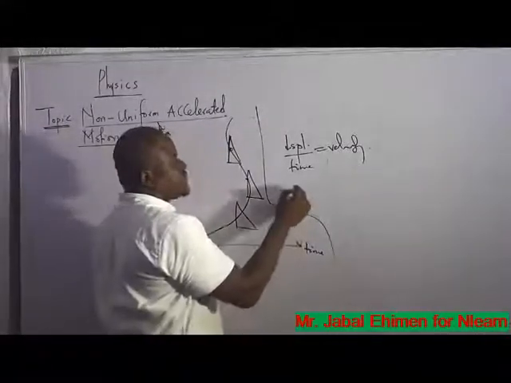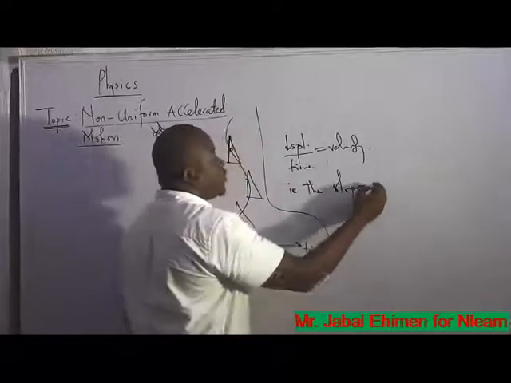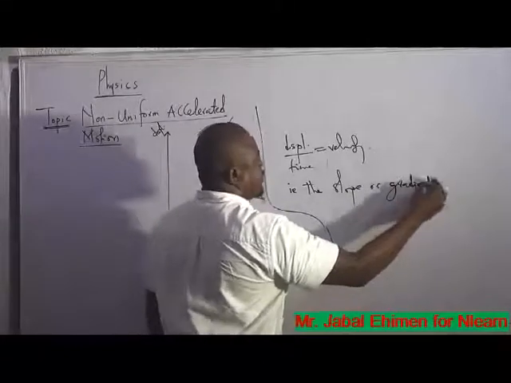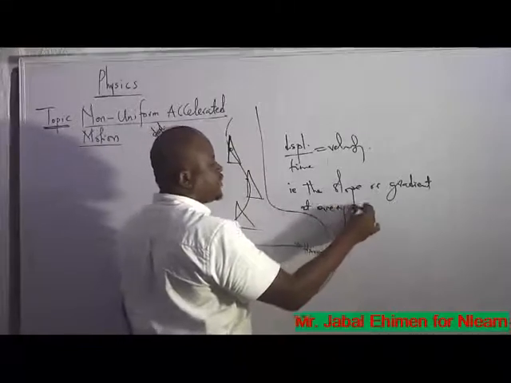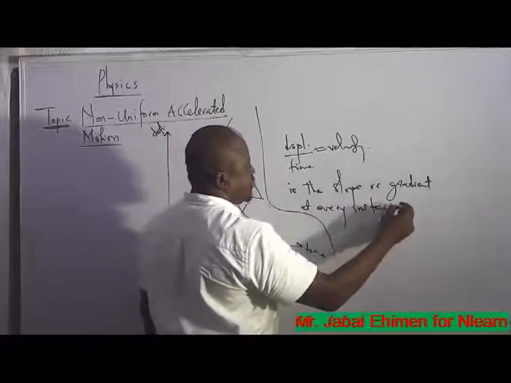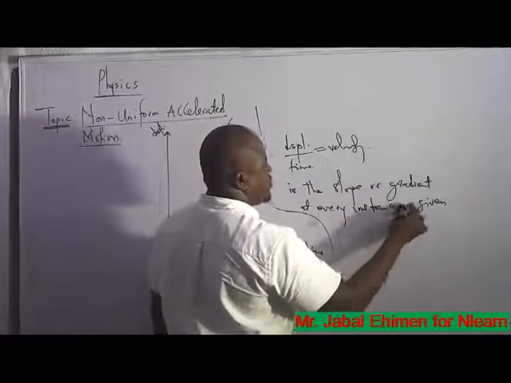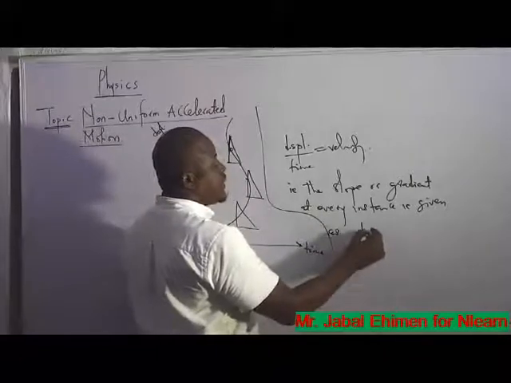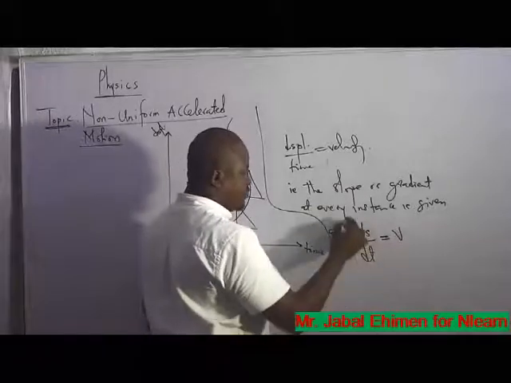So that is the slope, which is also the gradient. The slope or gradient at every instance is given as ds over dt, which is equal to v.